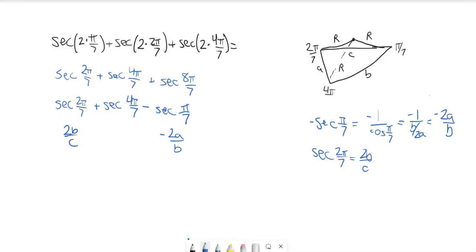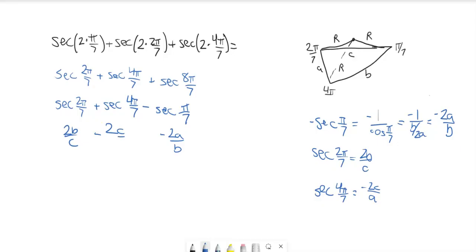And the secant of 4 pi over 7 puts that in the second quadrant. And remember, like I said, that's 1 over cosine. Cosine in the second quadrant is negative, so secant must also be negative. So that will become negative 2c over a.